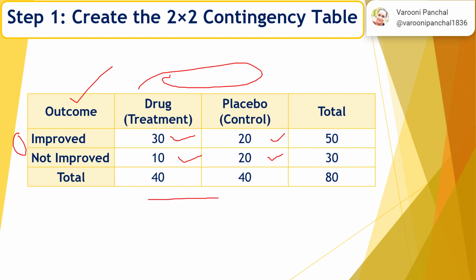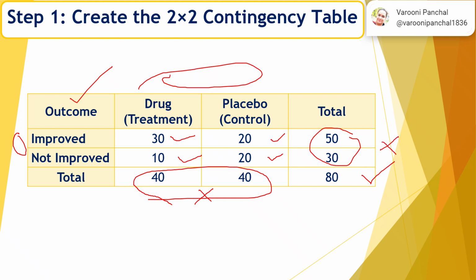These are my column totals, 40 and 40, and these are my row totals, right? And this is my final total. The row total and column total should always match. So 40 plus 40 is 80 and 50 plus 30 is 80.